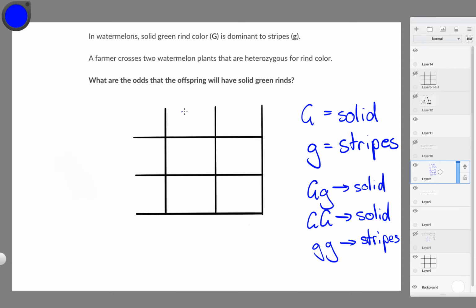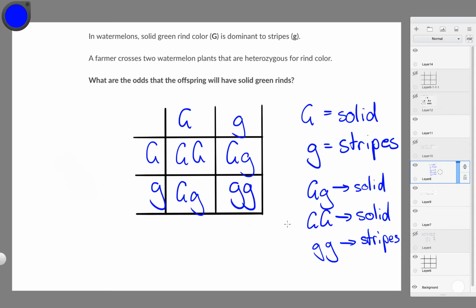Alright, so G, G, G, G. All right. So we can see here from our question: a farmer crosses 2 watermelon plants that are heterozygous for rind color. Both of them are heterozygous, what are the odds that the offspring will have solid green rinds?